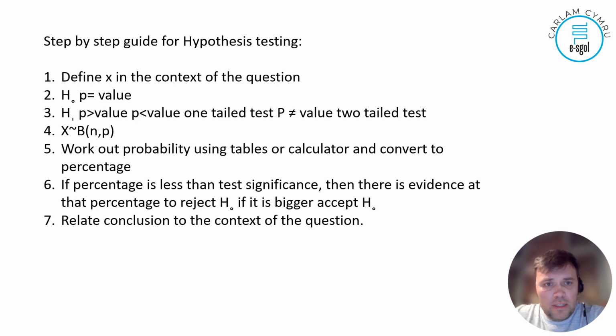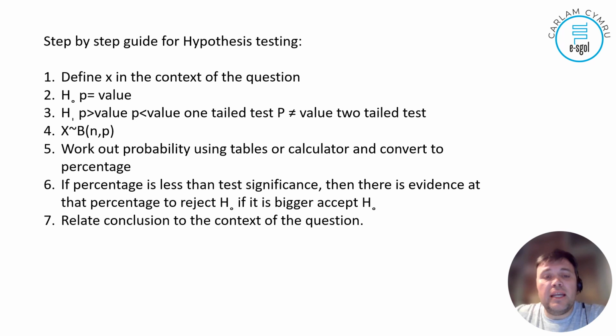As I said, this is a one-tailed test, so if it's 5%, you're looking to see if it is below 5% or above 5%. That's your critical region, shall we say. So if it is below 5%, then you would reject H0. If it's above, you would accept H0 and conclude that nothing has really changed.